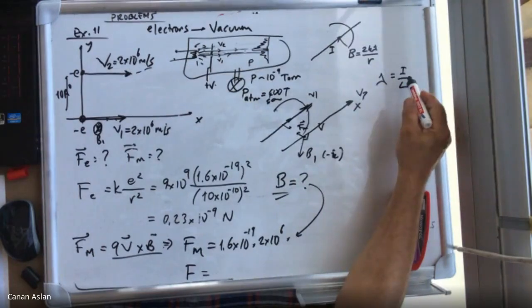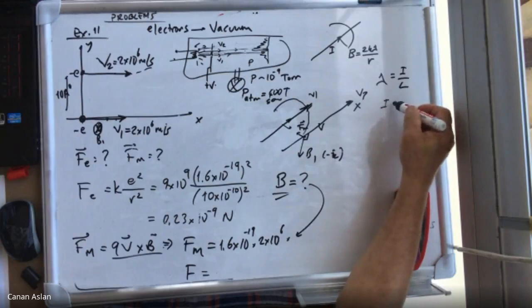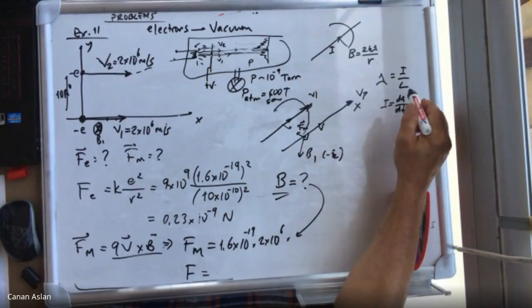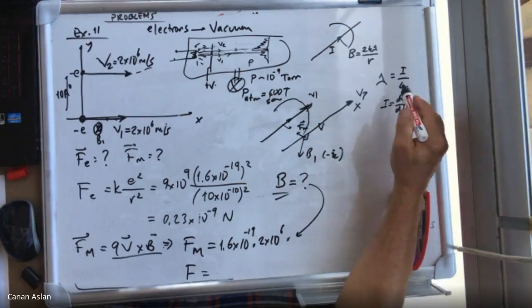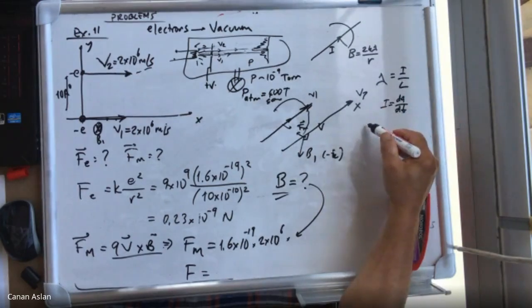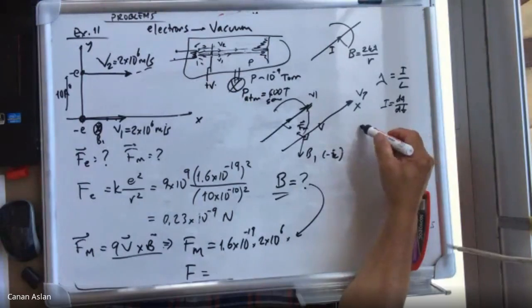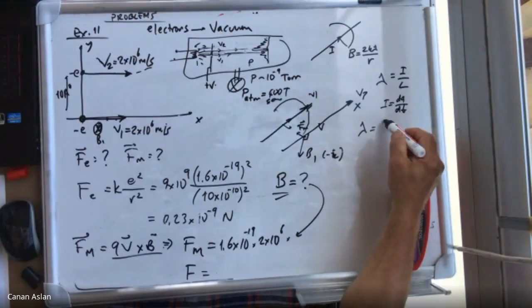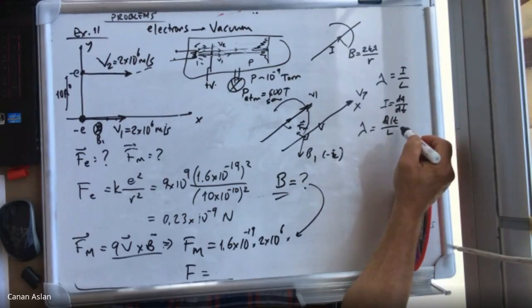Lambda: since I equals dq over dt, lambda is equal to dq over t divided by L. In this case, the charge is given by L over T, which gives you the velocity.